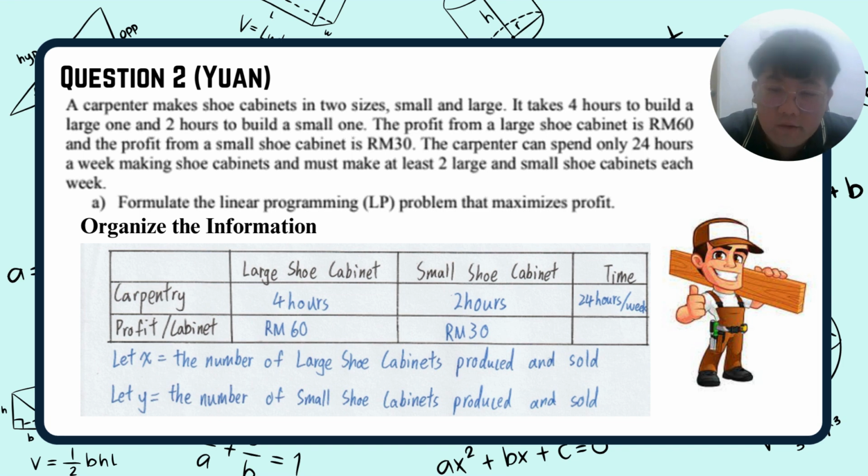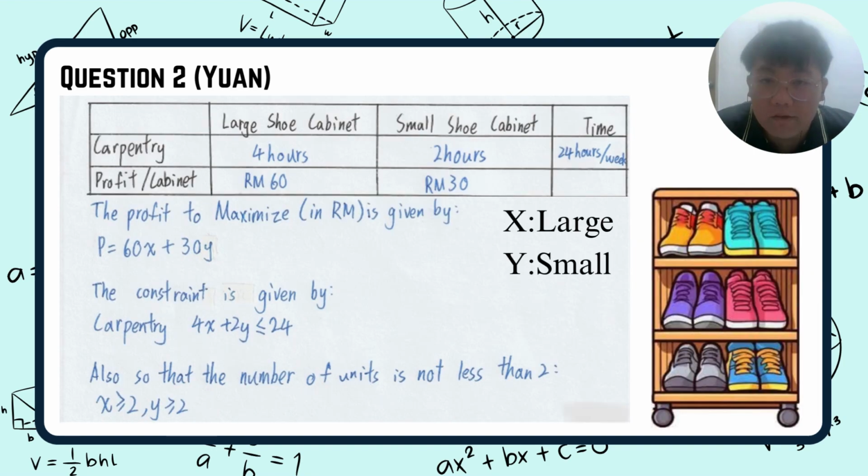After that, we can set x as the number of large shoe cabinets produced and sold, and y for the small shoe cabinets produced and sold. After we draw the table and set x and y, we can start to formulate the profit function to maximize and the constraints of carpentry and the number of units. First we find the profit to maximize.